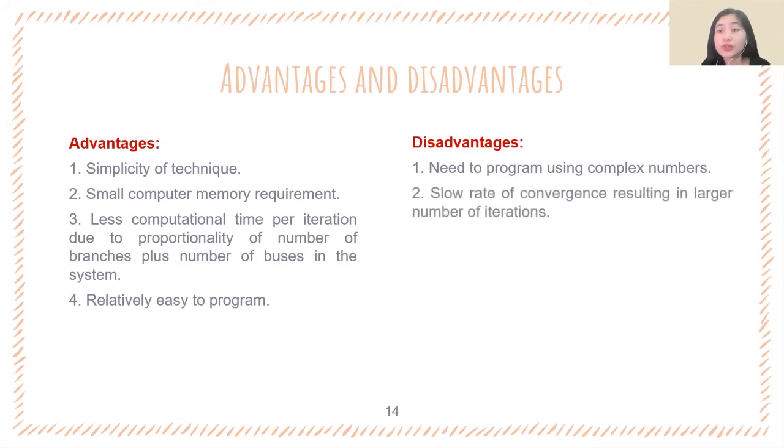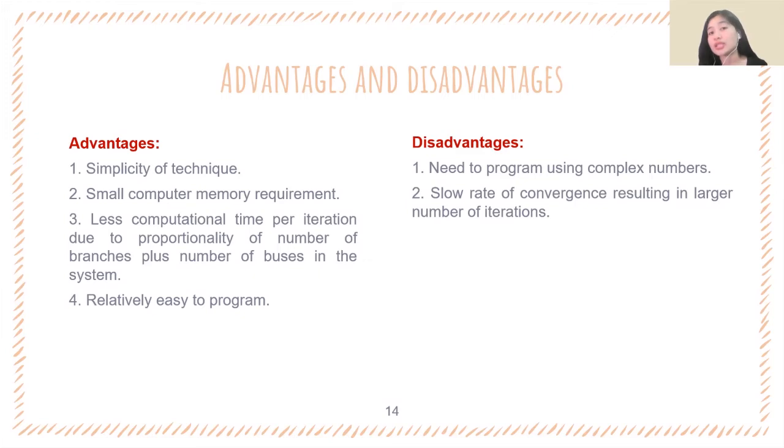Next would be the slow rate of convergence resulting in a larger number of iterations. As you can see in our advantages, there is less computational time per iteration because of the proportionality of the branches to the buses. But the thing is, there is a larger number of iterations. Per iteration, there is less computational time, but if we combine all those iterations, it has a large number.